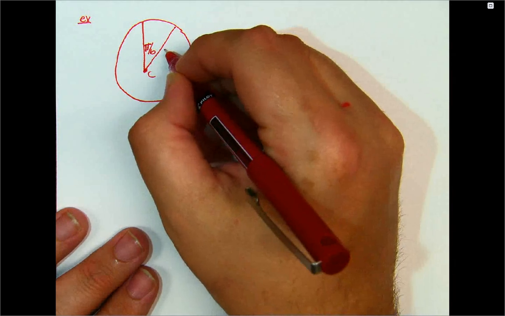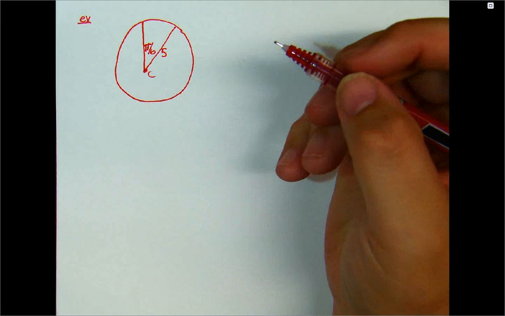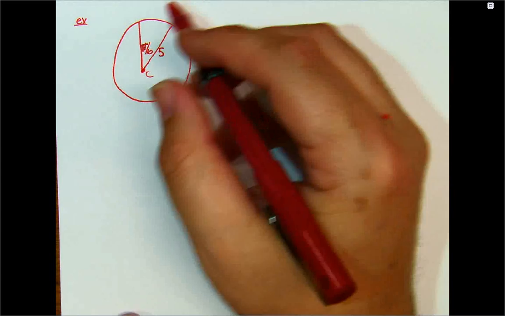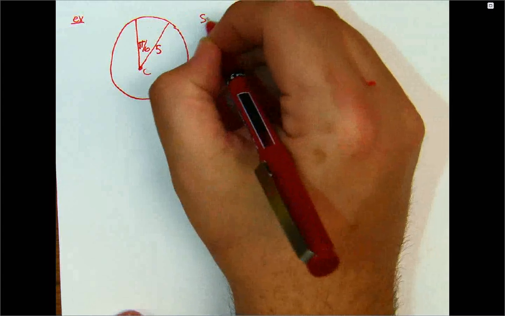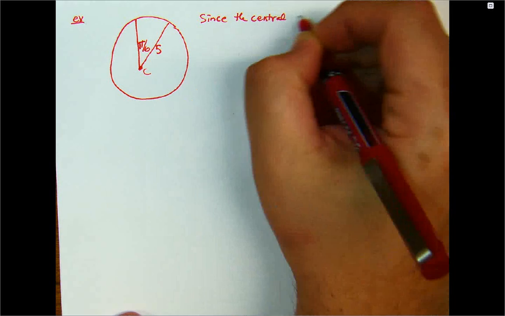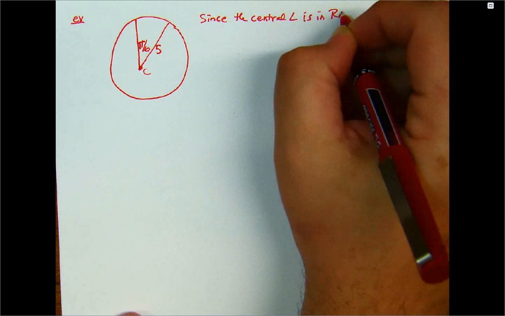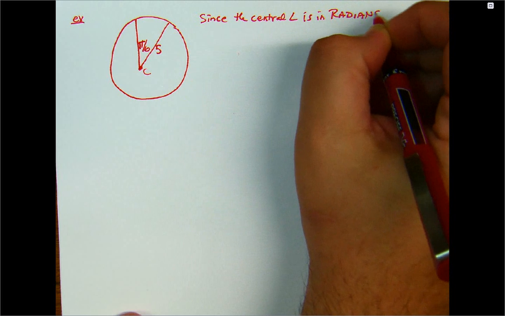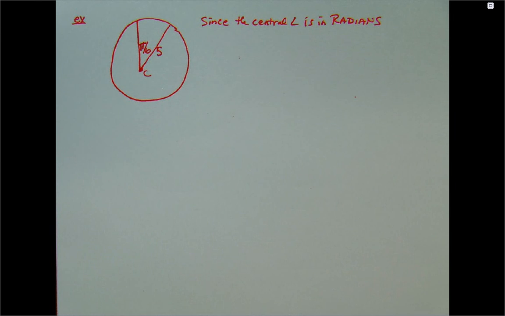So now, since the central angle's in what we call radians and not degrees, what we need to do is use just a different form of the equation.